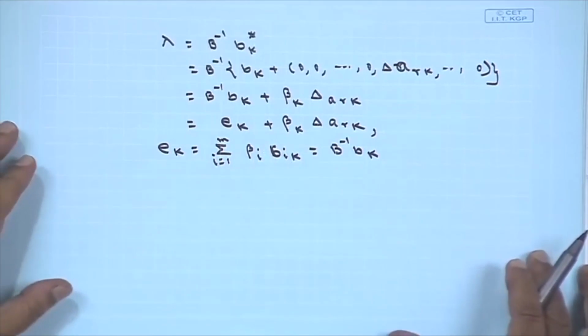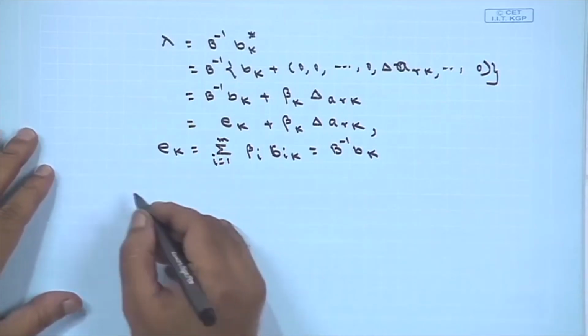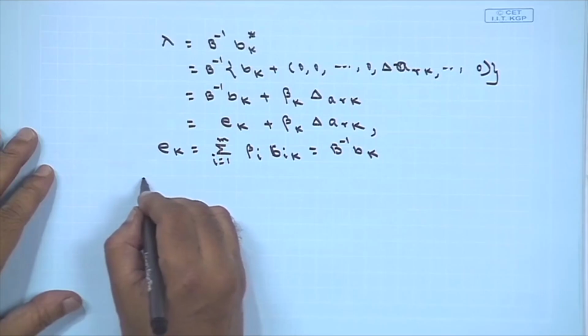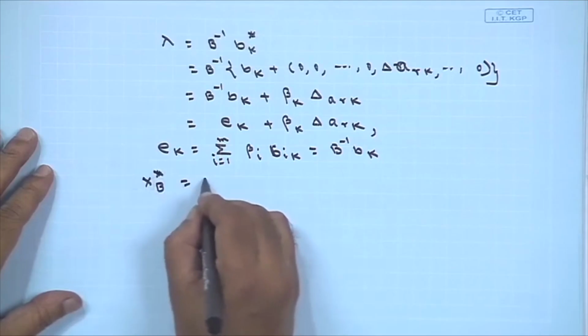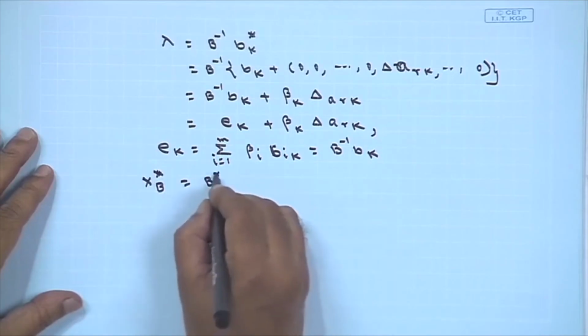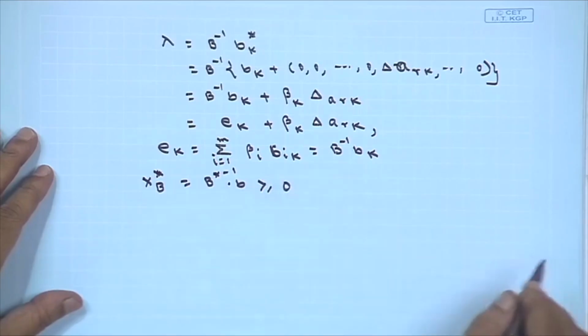Now, for feasibility condition, your value of x b star should be greater than or equal to 0. That is, for feasibility condition, your x b star, which is nothing but b star inverse into b, should be greater than or equal to 0.